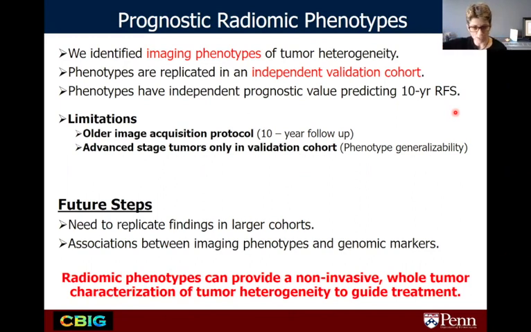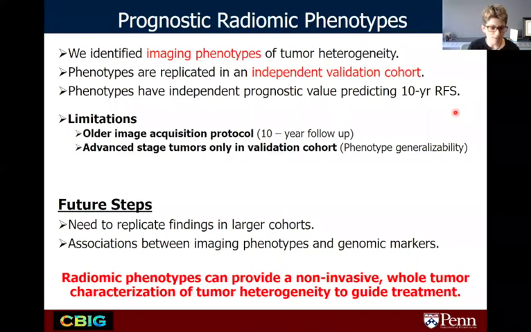It's a data set collected from several sites in the United States and Canada. The discovery set was just within the University of Pennsylvania. We showed that these phenotypes seem to have independent prognostic value in predicting 10-year recurrence-free survival. As I mentioned, some of the limitations are an older imaging acquisition protocol, and the validation cohort only had advanced stage tumors, but that's kind of interesting because the results validated even in that context.